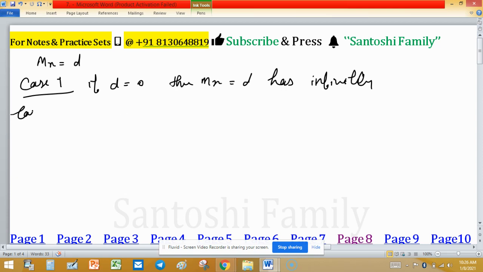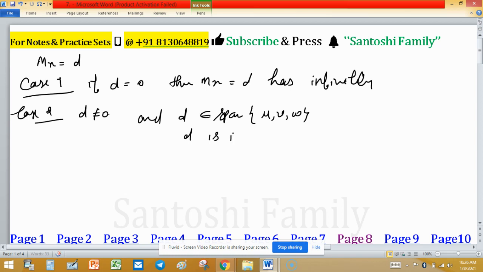Now going to check case 2, when d is not equal to 0 and d is in the span of u, v, w. Span of u, v, w means d is a linear combination of u, v, w.